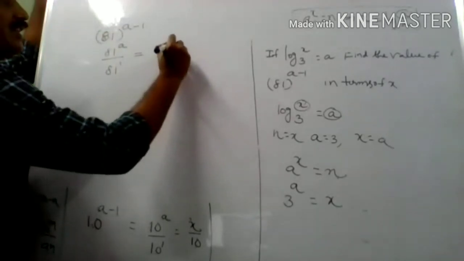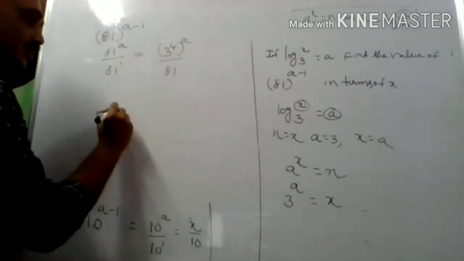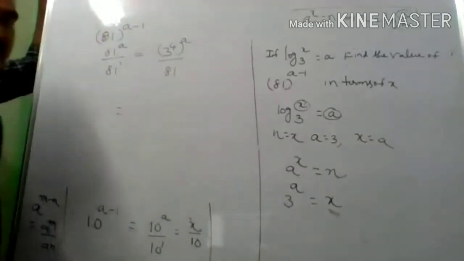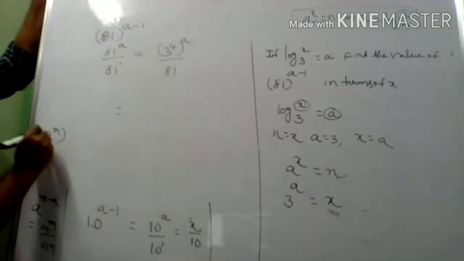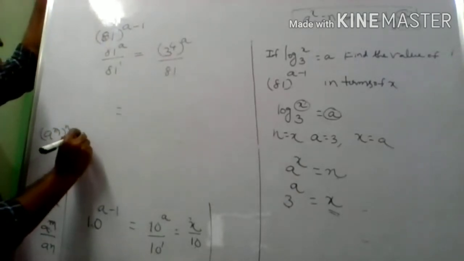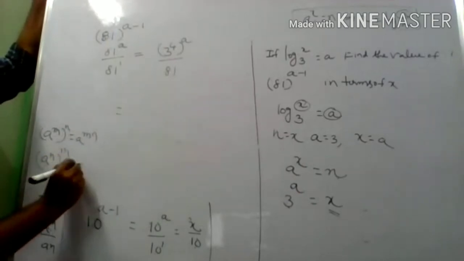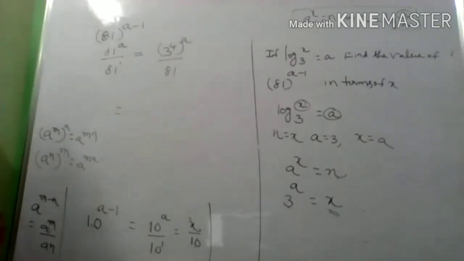What is 81? 81 is equal to 3 power 4, so it is 3 power 4 whole power a by 81. Here 3 power a is equal to x.